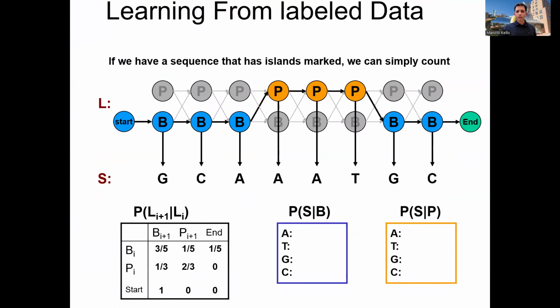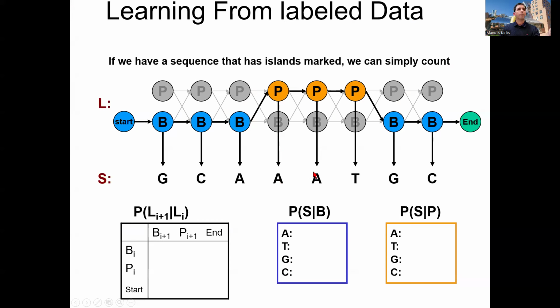I basically count how often things occur in my labeled sequence, say GCA, AAT, GC, labeled with background, background, background, promoter, promoter, promoter, background, background. How do I estimate these variables? How do I estimate the probability of emitting A given P? Super easy. Denominator: given P, 3 of them.